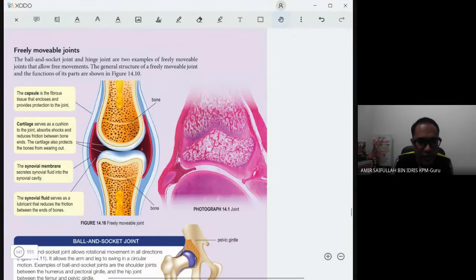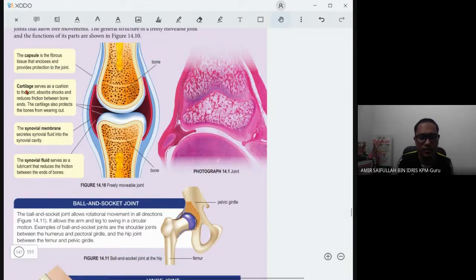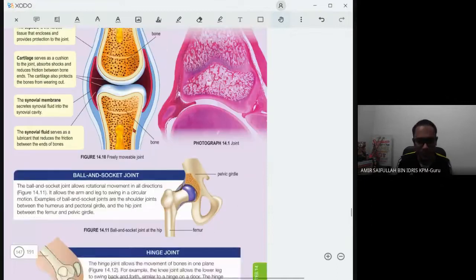Cavity is a space, synovial space. So the synovial fluid will serve as a lubricant, like oil, that reduces the friction between the ends of the bone. That is the function of the freely movable joint. It has several parts: capsule, cartilage, synovial fluid. Okay.